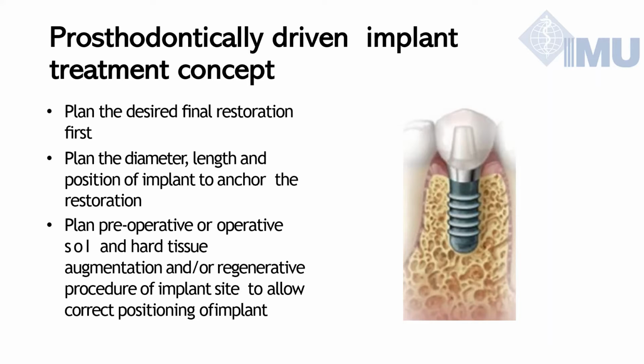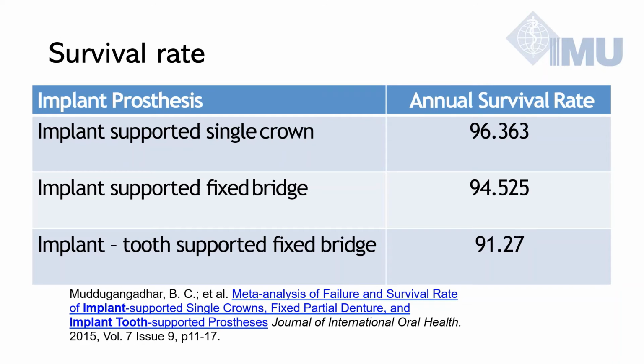So plan preoperative soft and hard tissue augmentation and regenerative procedures for the implant site, so that your crown restoration will still be in the ideal position, and place that implant to support the ideally placed restoration by augmenting and increasing the volume of the bone in that particular direction. And you look at the survival rate of implant-supported single crown versus implant-supported fixed bridge versus implant and tooth supported fixed bridge.